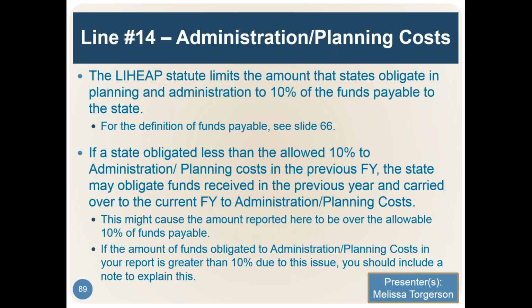Once again, if for any reason you're up and over 10% or any of these caps, you need to have a note explaining why. And so this would be a note that just says we carried over administrative funds from 2017 into 2018. It's really important that you're tracking all of these.